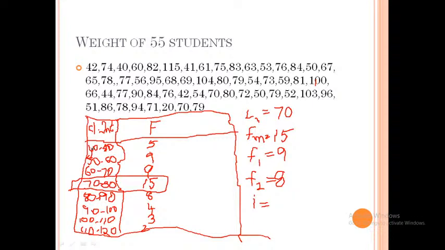So here 50 minus 40, so I is 50 minus 40, which is 10.